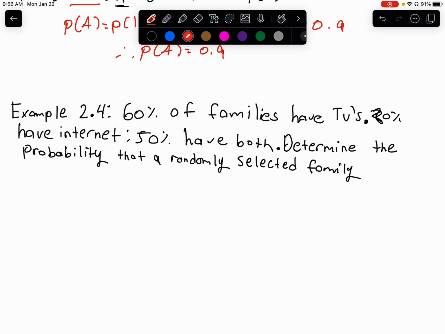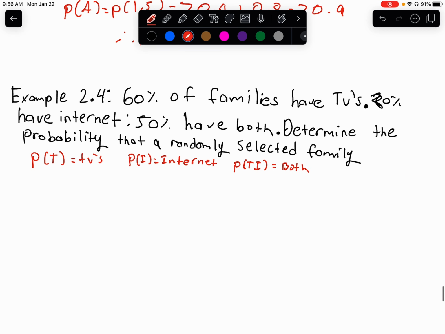We can denote probability T has TVs, probability I has internet, and probability T and I has both. We already have some of these probabilities: P(T) equals 0.6, P(I) equals 0.8.